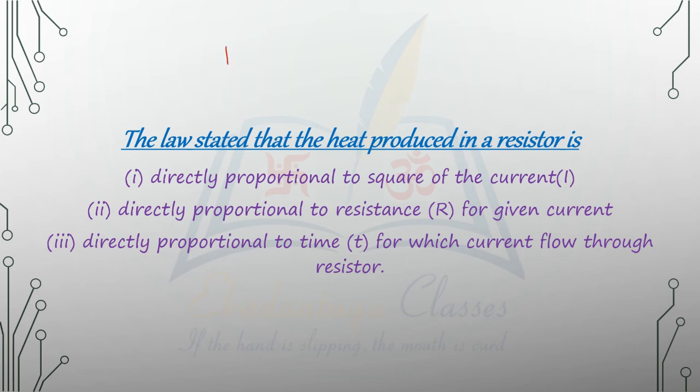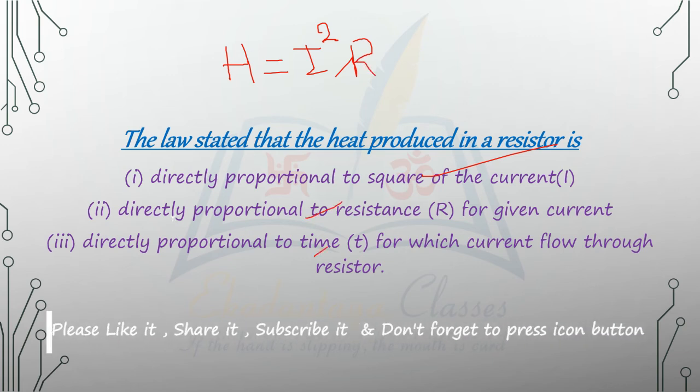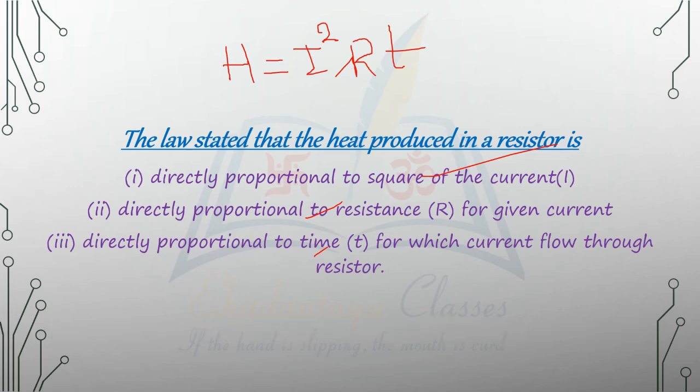I'll show here: H equal to I square is already done here. Directly proportional to resistance means R. This is also done. And T means this small t. That is the expression of Joule's law.